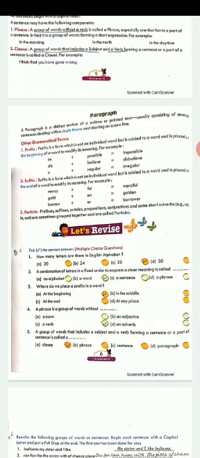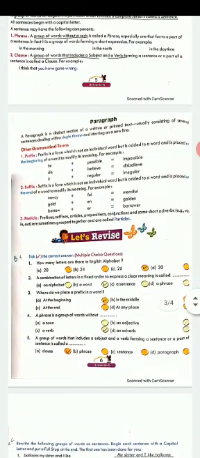So the whole essay you are writing about your trip to Shimla will be divided into paragraphs, and every paragraph will have a particular theme. The first paragraph tells your journey from your home to Shimla, your excitement, what you were carrying, your journey in the train, the people you met, all this.